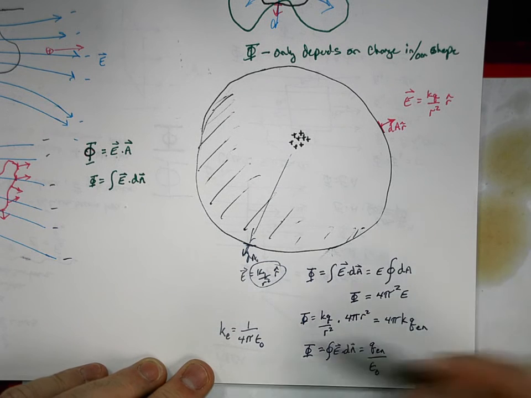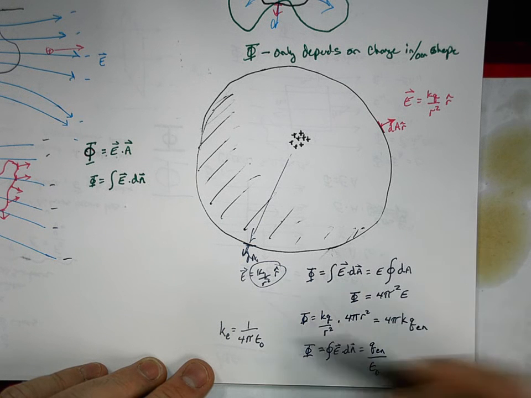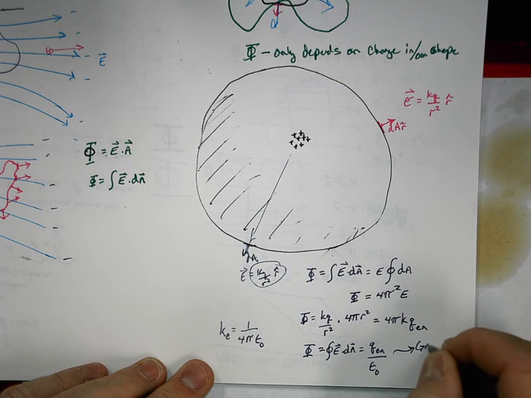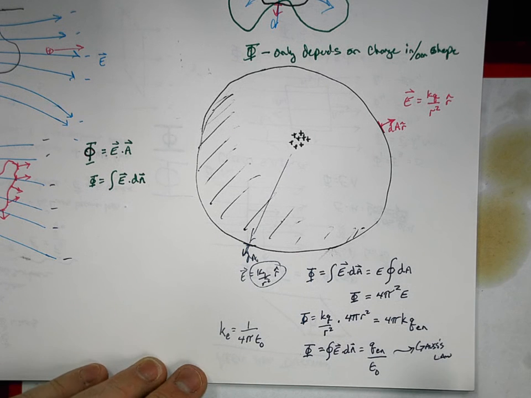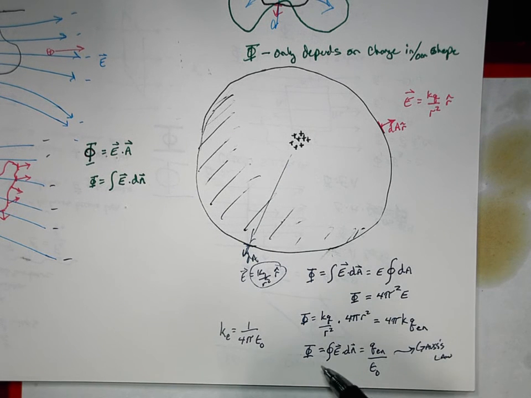The 4 pi cancels with the 4 pi, and that's what the k is. And this is Gauss's law: the flux for any particular enclosed surface, the total flux, is equal to the charge divided by the constant of permittivity. Okay, so that's Gauss's law.